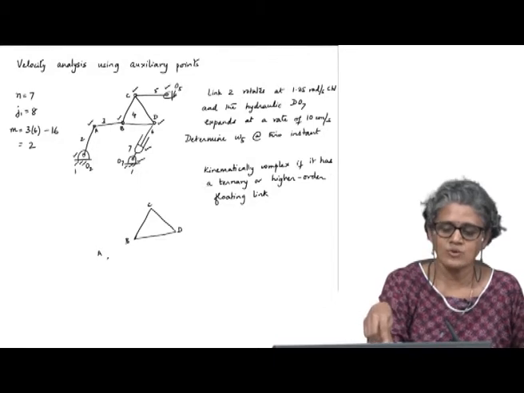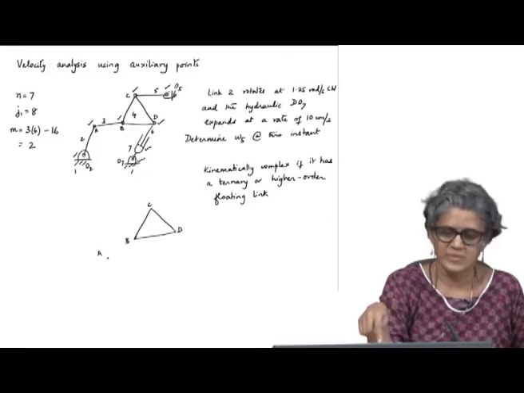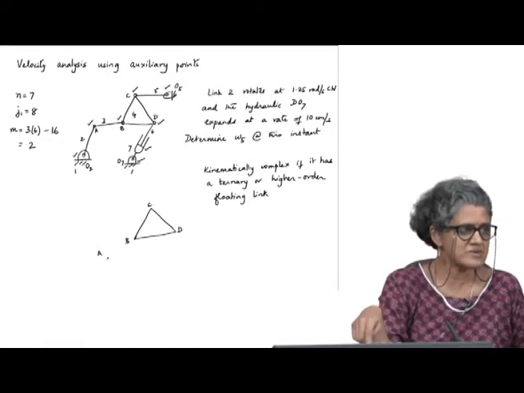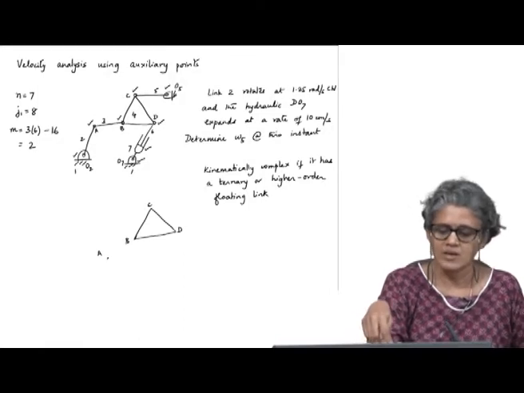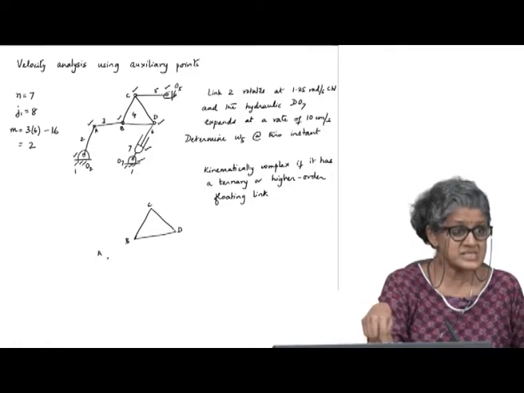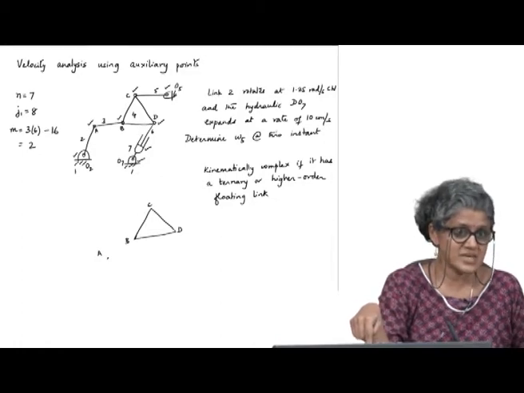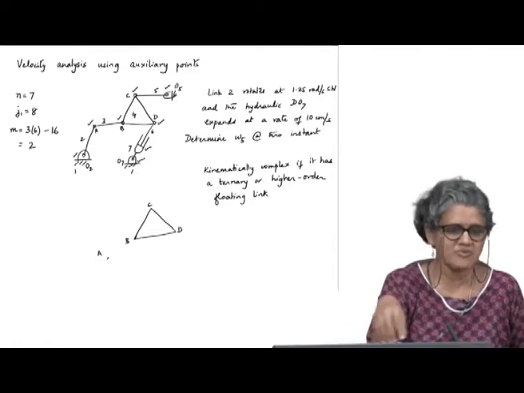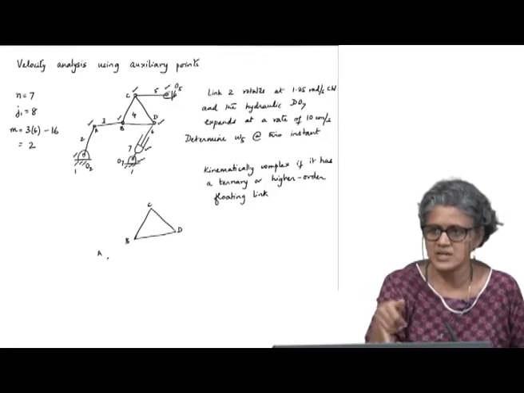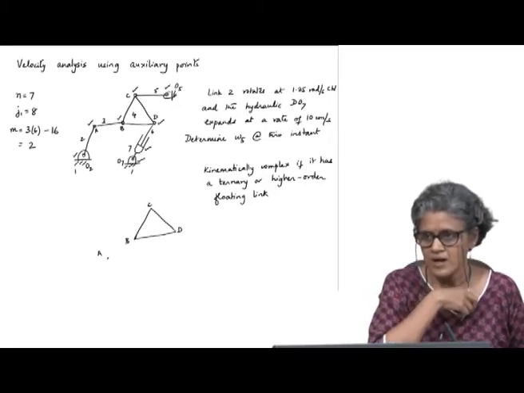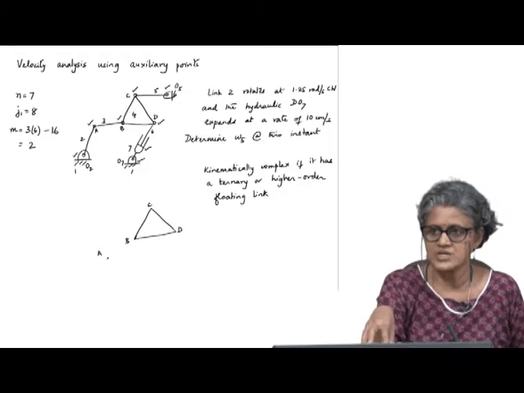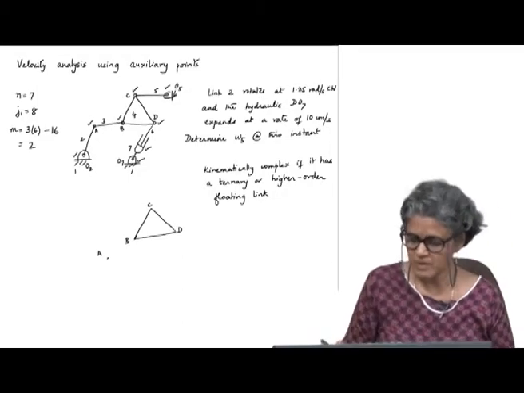Here I know the path curvature for point C, because link 5 is pivoted to the ground, but B as well as D in this case I do not know, and even if I try inversion or something like that, it is not easy to determine this one, okay. It is not a simple mechanism.